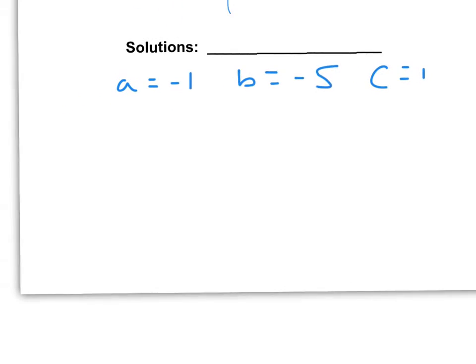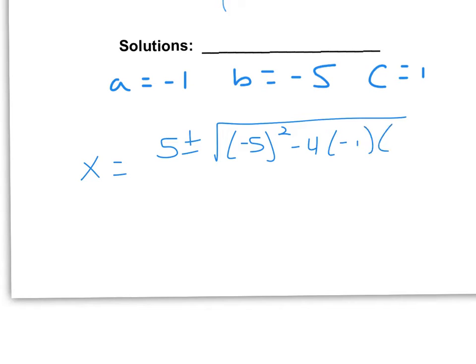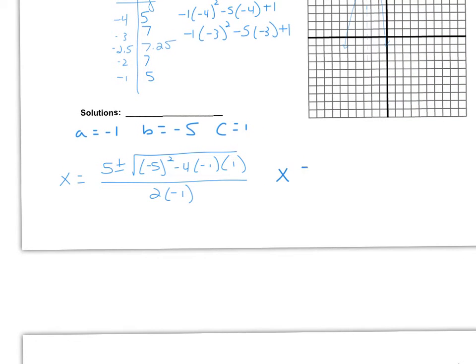All right, so I've got x equals the opposite of B plus or minus the square root of B squared minus 4 times A times C, all over 2A. All right, and then on the inside here, when I multiply this out, I end up with 29. So x equals 5 plus or minus the square root of 29 over -2.